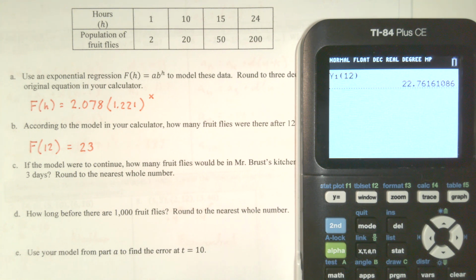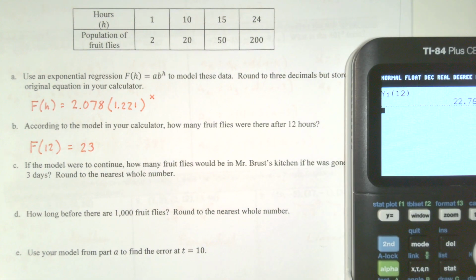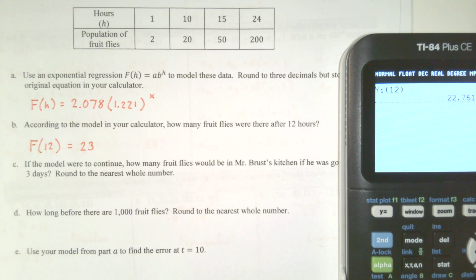But after 12 hours, we get about 23 fruit flies. Now, you could also say that after 12 hours, there were only 22 fruit flies and not another fruit fly had been born yet, or whatever. But it's kind of up to you. I would prefer to round this because, again, this is an approximation. So I think 23 is correct, but if you put 22, that's fine too.